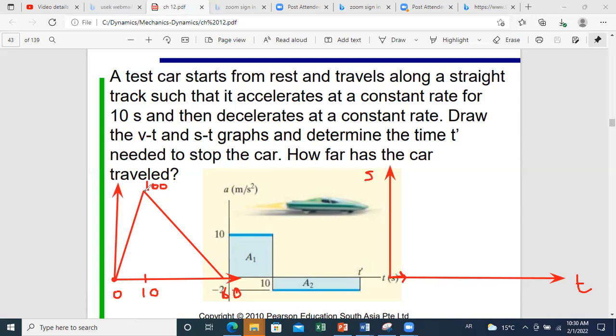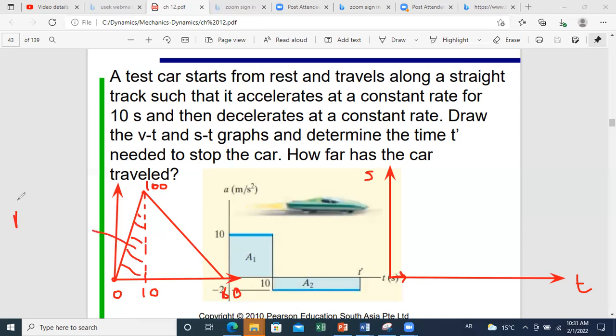If I want to find what S is at 10 seconds, all I have to say is that delta S between 0 and 10 is equal to this area. Since it's a triangle, the area is 100 times 10 over 2.